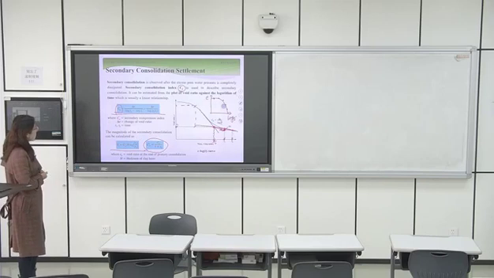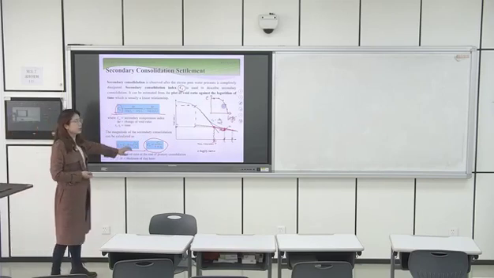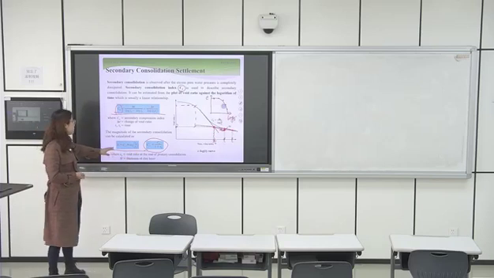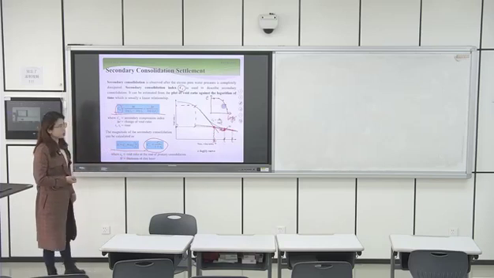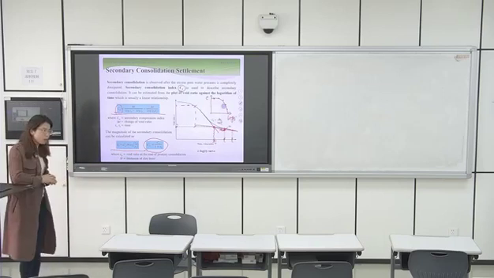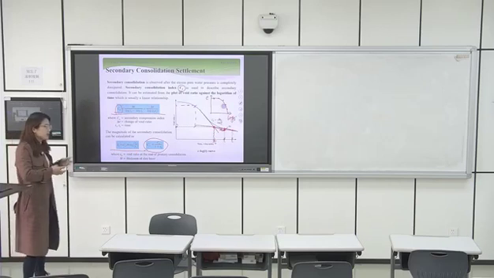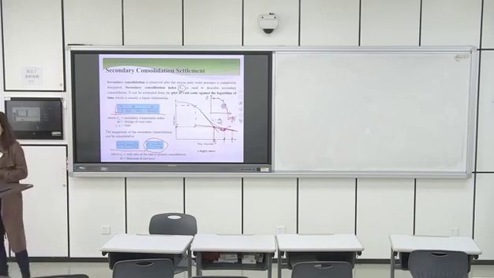So this is the secondary consolidation index and secondary compression settlement. If it is softer ground, you need to calculate primary consolidation and then secondary consolidation, and add these two together to get the final settlement.